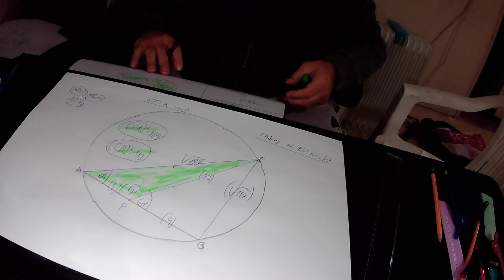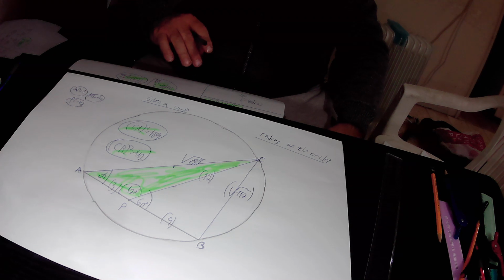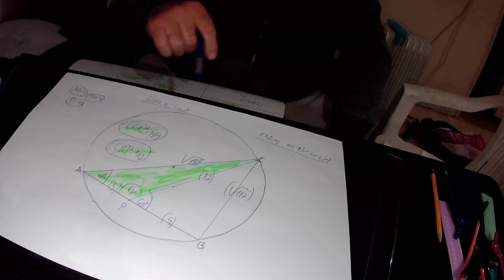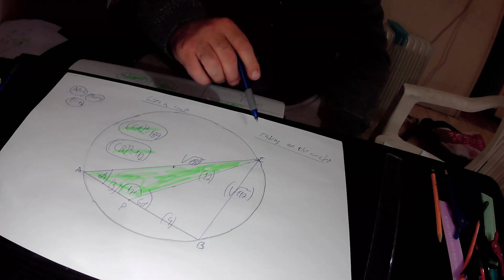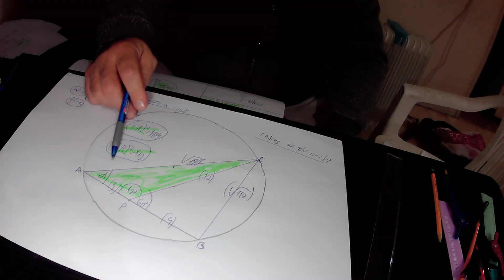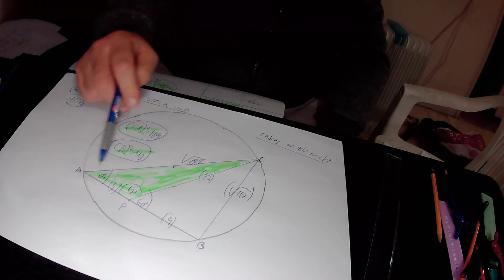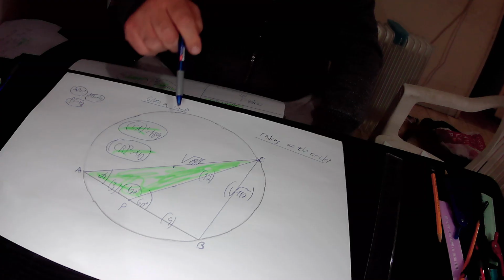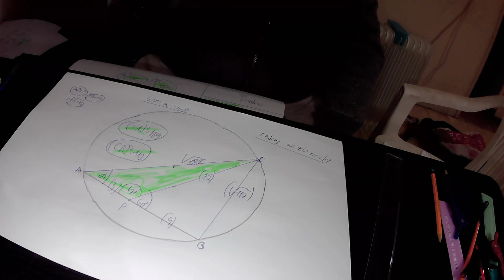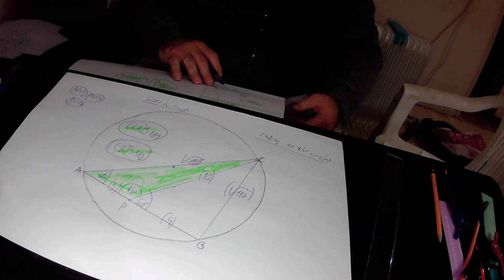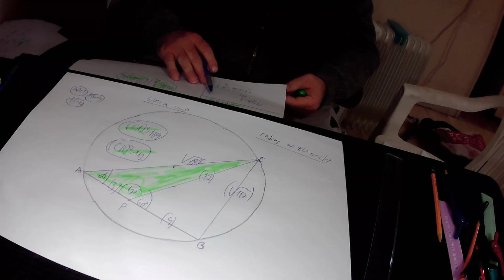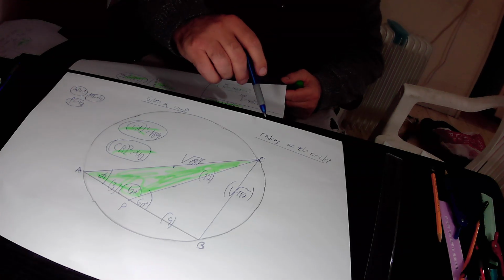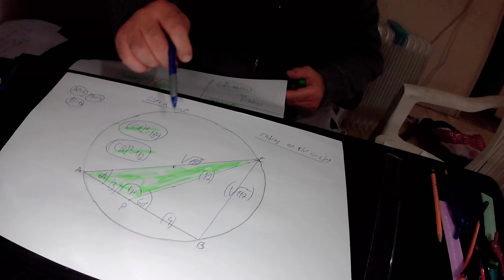According to the law of sines, the following equation is true: CB over sine alpha equals 2r, and r is the radius of this circle. That is the radius that you are looking for in this question.